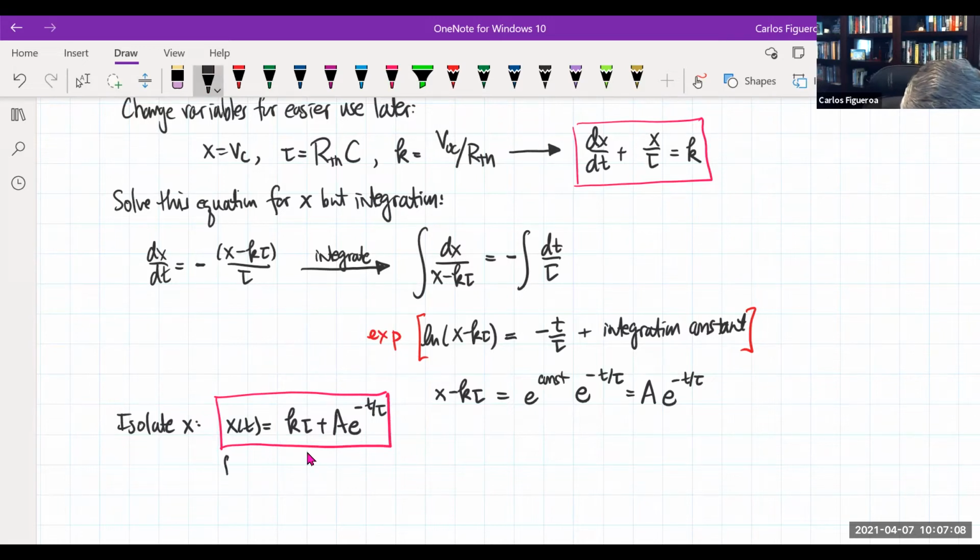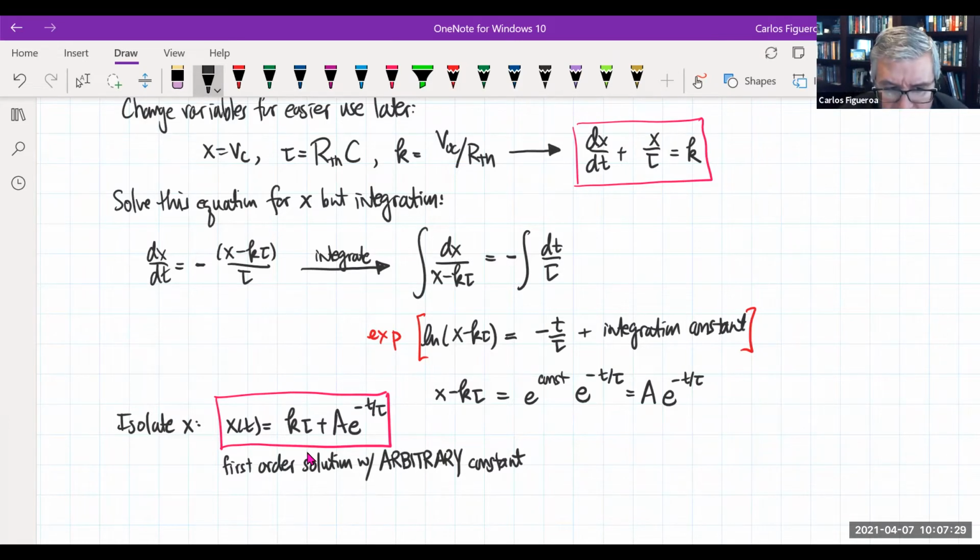This is my first order solution with arbitrary constant. And in this case, the arbitrary constant is A, because that's related to the integration constant here.